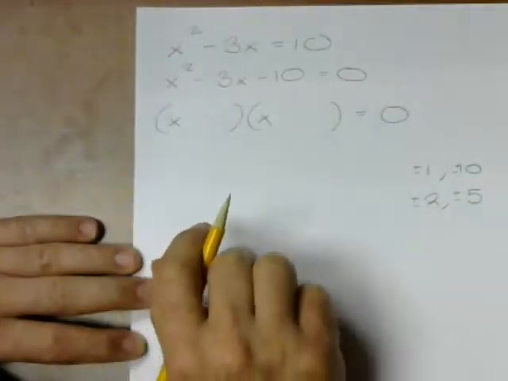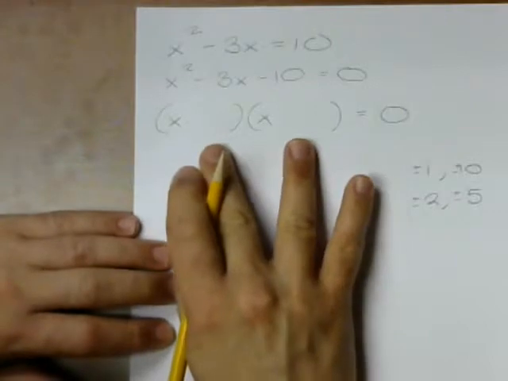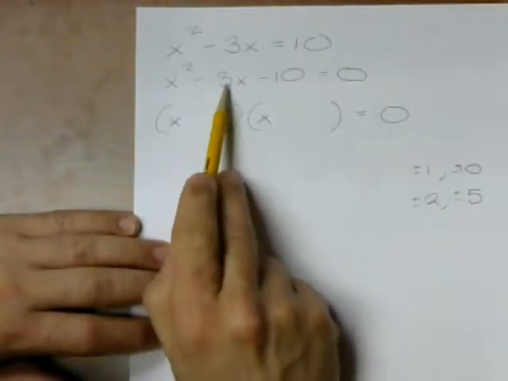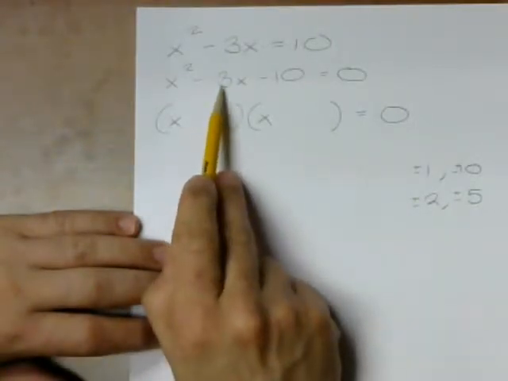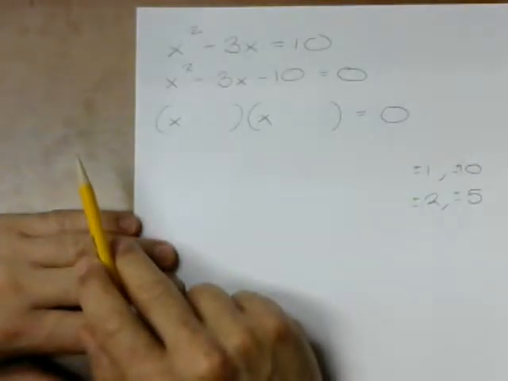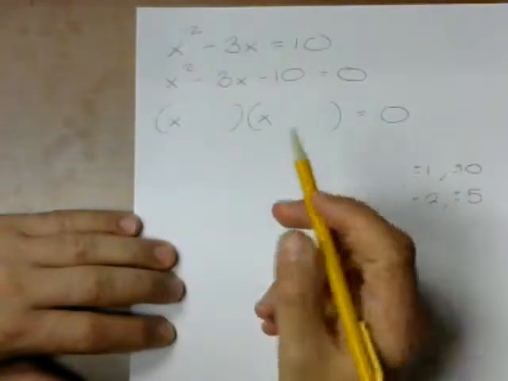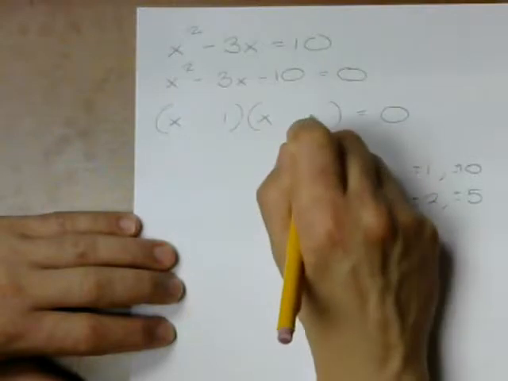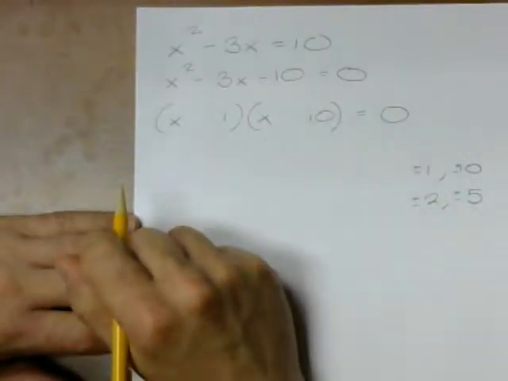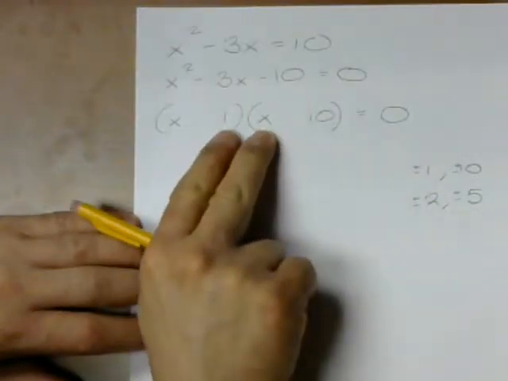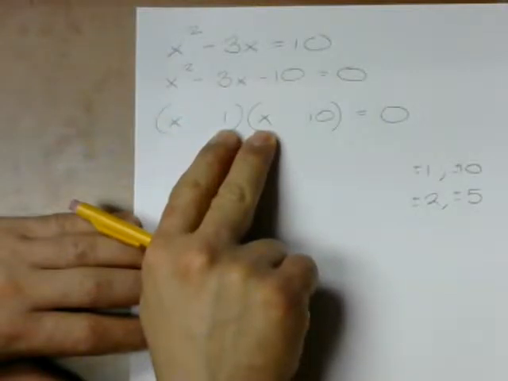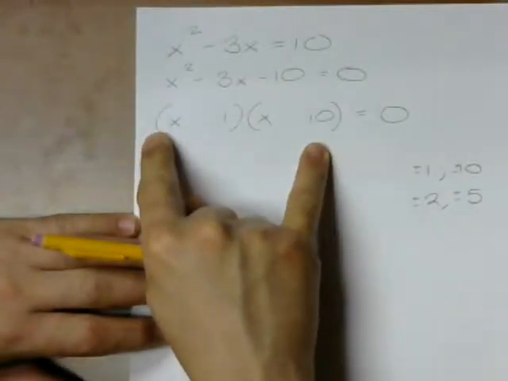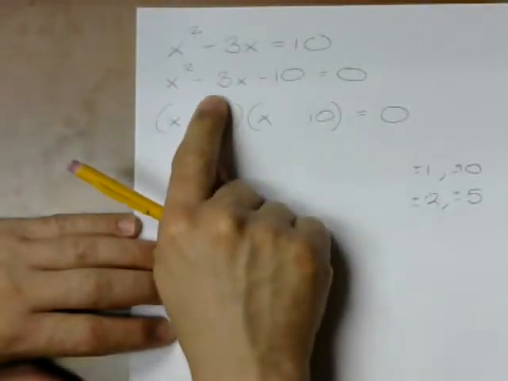Okay, so I have to think about this negative 3. I know that if I were to put 1 and 10 here, then I'd have a 1x plus or minus and a 10x plus or minus, and I need to get a negative 3x.